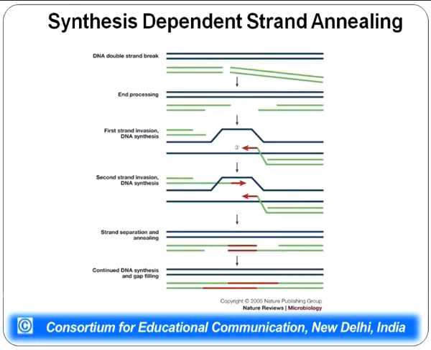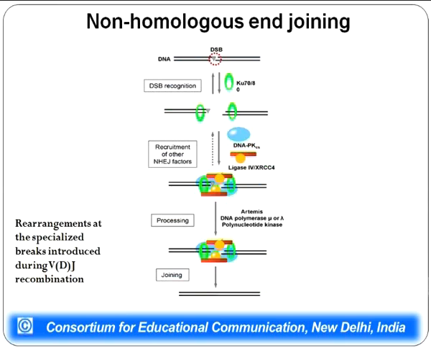There could be second strand invasion also, leading to formation of a second complementary strand. After a stretch of nucleotides has been synthesized, there is complementary base pairing between these two newly formed strands, as can be seen in the figure. The red strands are complementary base paired, and then after complementary base pairing, there is extension of the DNA by DNA polymerase. Gaps are filled, and again there is sealing of the gap by ligase. So this particular mechanism of repair does not lead to crossover product getting formed. It only leads to normal product getting formed.